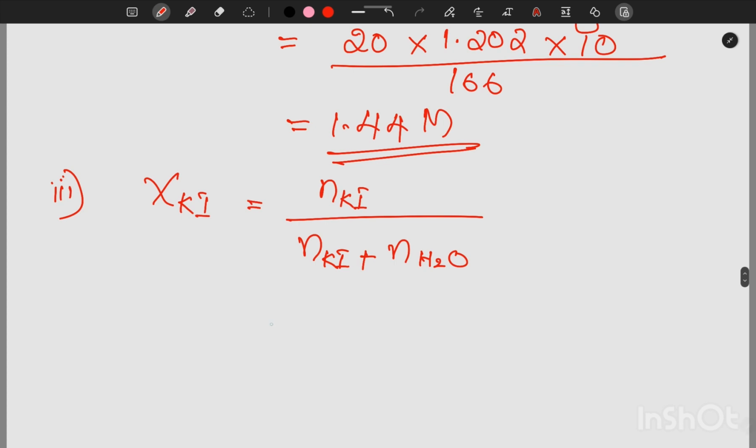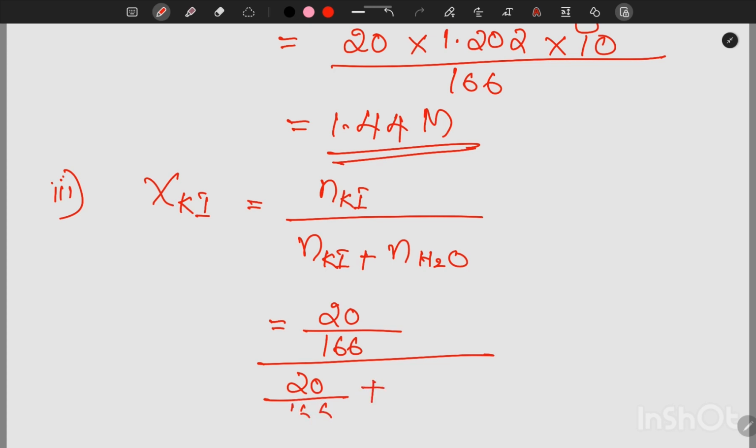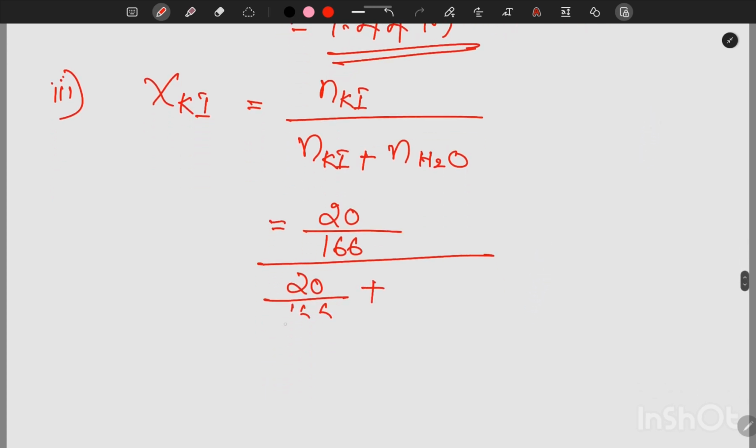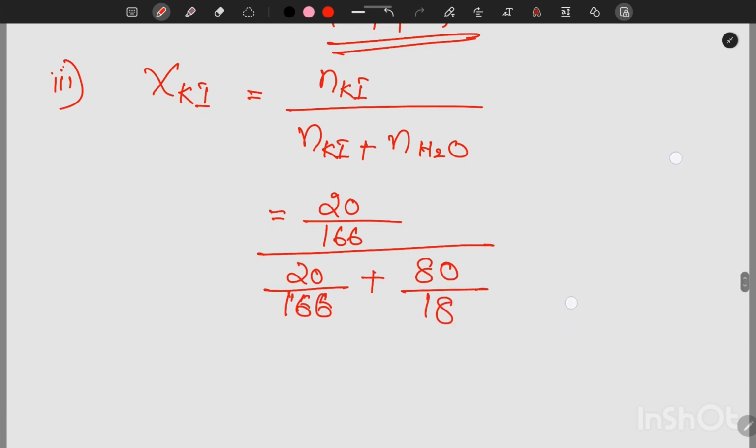So number of moles of potassium iodide, we already calculated that: mass by molar mass, 20 by 166, then again 20 by 166 plus number of moles of water, and water, its mass is 80 divided by 18.